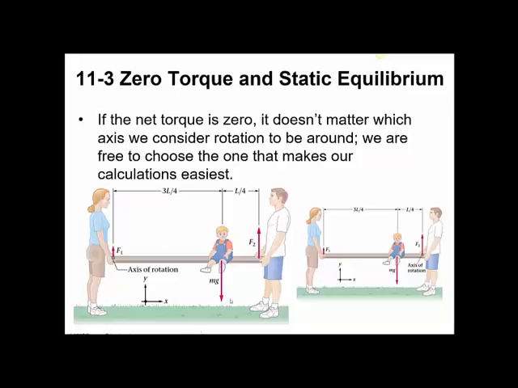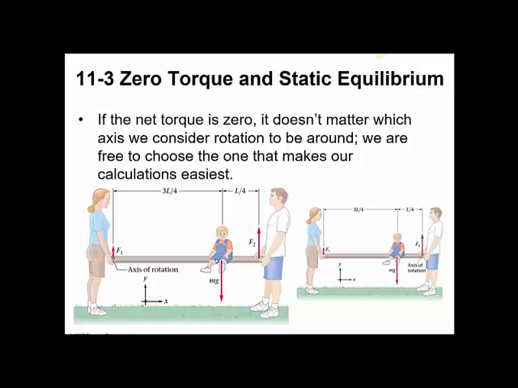So the negative torque from the little kid has to be equal and opposite to the torque from the dad. Now, remember that if you want to have a large torque, you need a large radius, but that also means that you don't need to pull up with as much force.